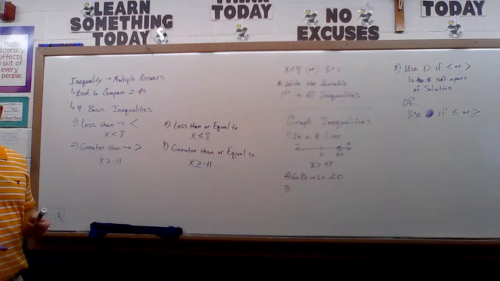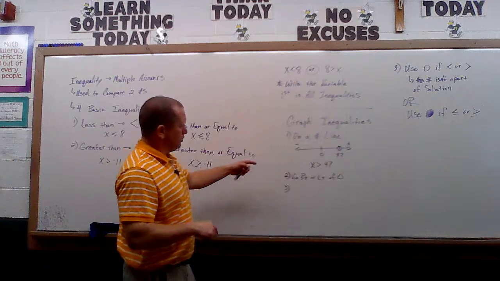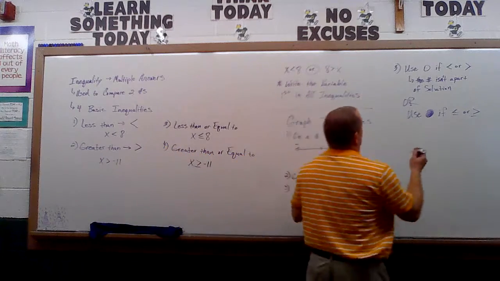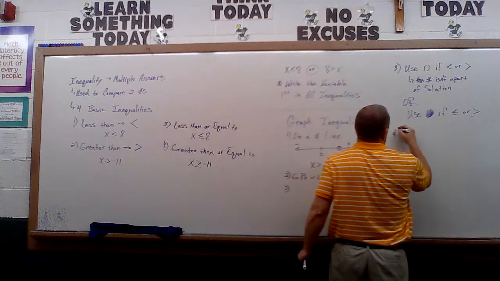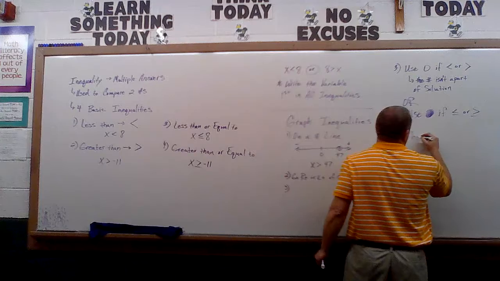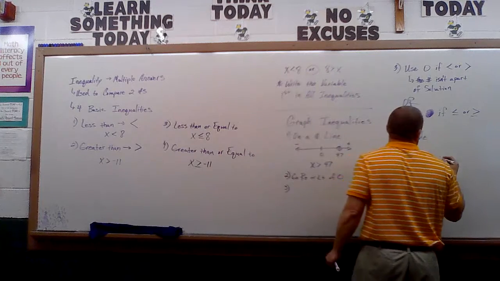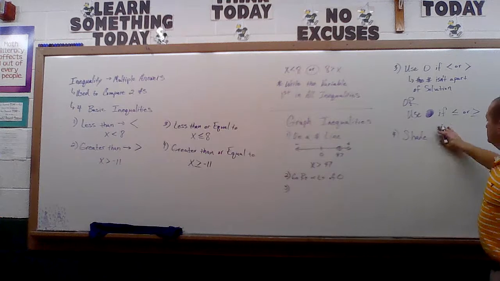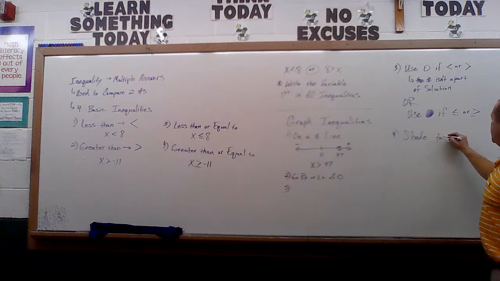That makes sense? Yep. Okay? So we're going to locate where we're supposed to put it, and then we're going to put our open circle or our dot. And then number 4, you are going to shade to show all answers.